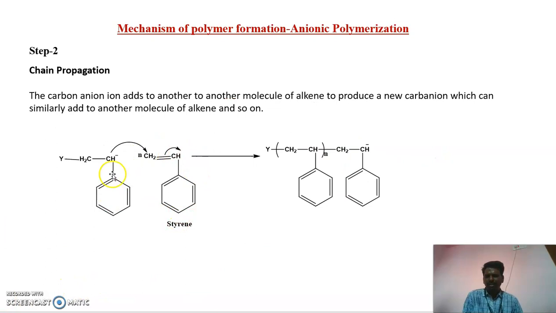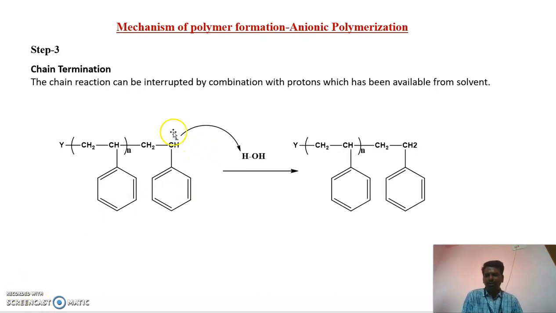The next step is chain propagation. In this chain propagation, the carbanion formed in the above step undergoes chain reaction with n number of styrene molecules. Thereby it forms a huge, high molecular weight carbanion. The final step is termination. Here the huge molecular weight carbanion undergoes termination.